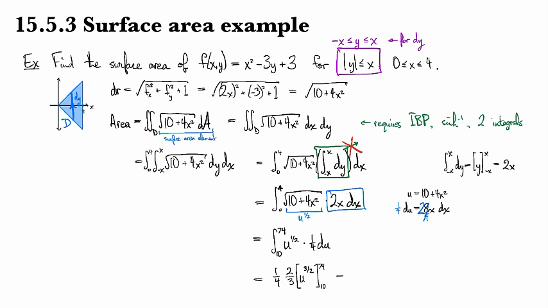This is going to give me 1/6 times 74 root 74 minus 10 root 10. And if you want to be fancy, you could cancel the 2 out of there and have that be 1/3 times 37 root 74 minus 5 root 10. But whatever, good enough.